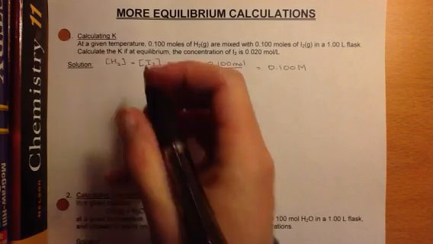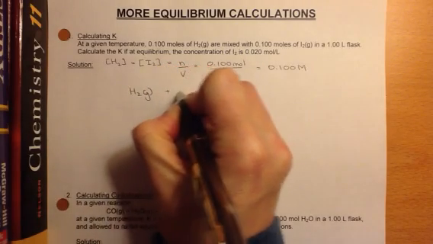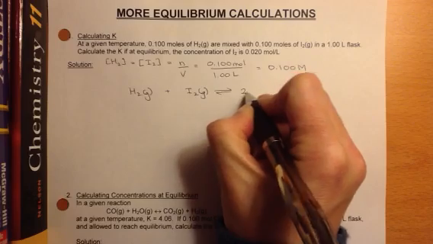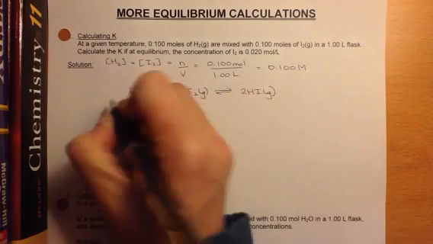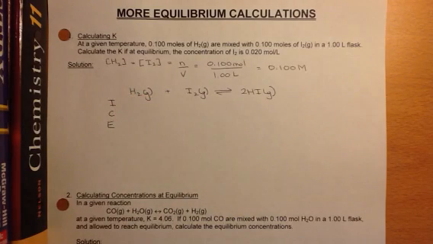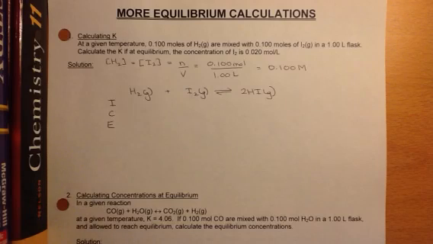Let's do our ice chart now. So write your balanced chemical equation. Here we have in our ice chart the initial amounts, the change, and the equilibrium.